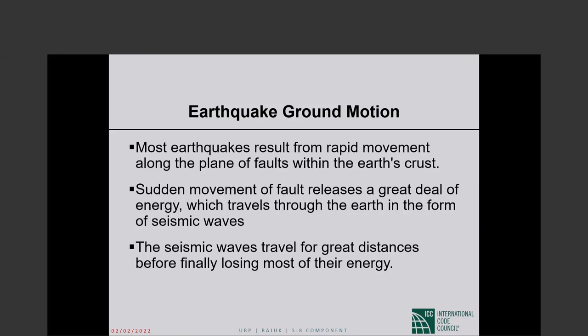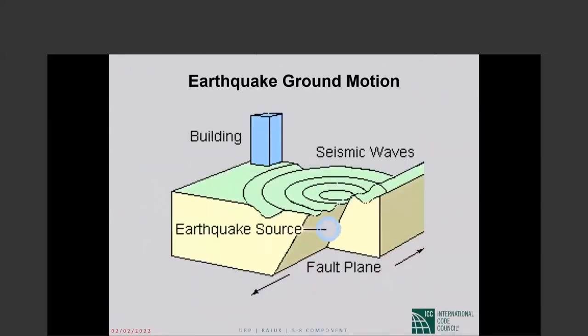Sudden movement of a fault releases a great deal of energy which travels through the earth in the form of seismic waves. The seismic waves travel to great distances before finally losing most of their energy. How far it travels depends on the size of the initial break or disturbance, but generally what is said is true.